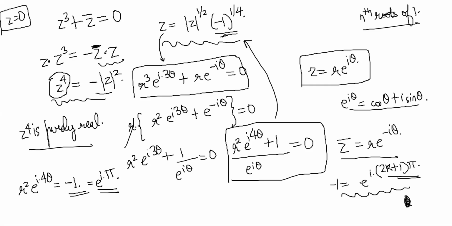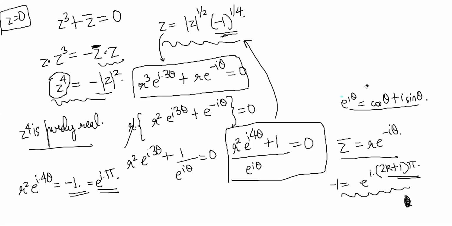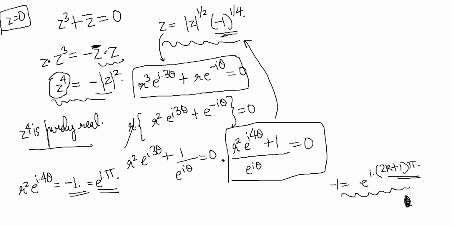Now r square into this is equal to minus 1. So what we will say is r square e^(i4theta) is equal to e^(i(2k plus 1)pi), right?